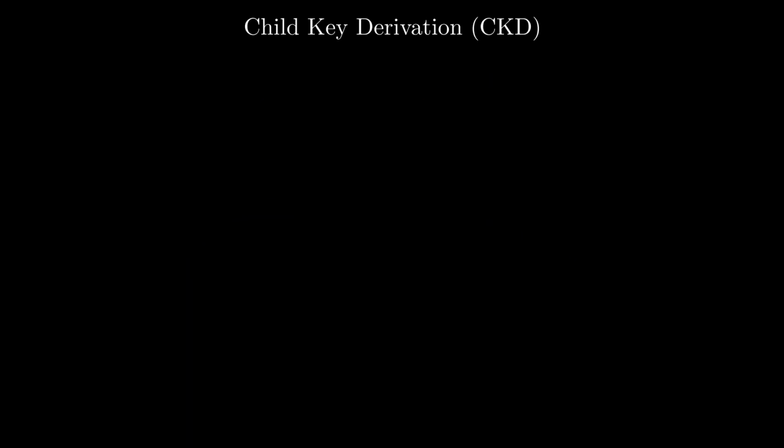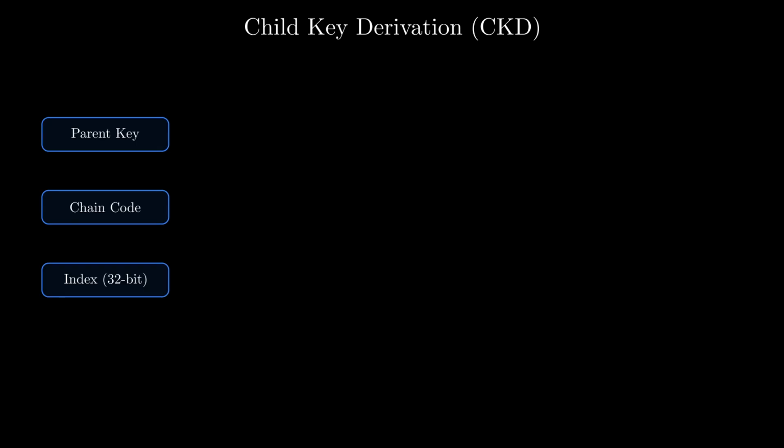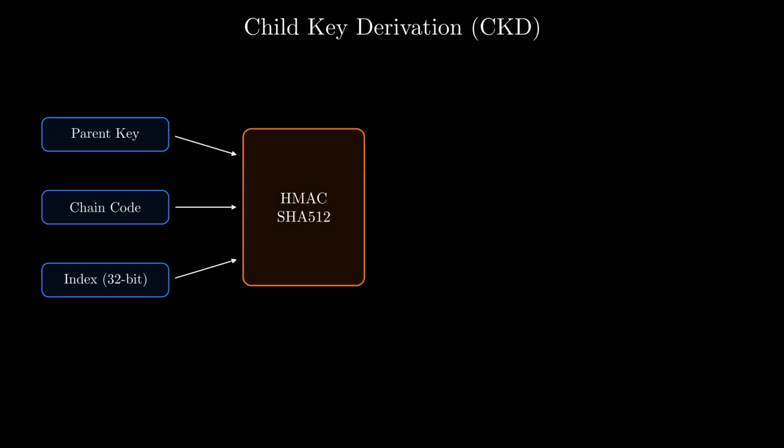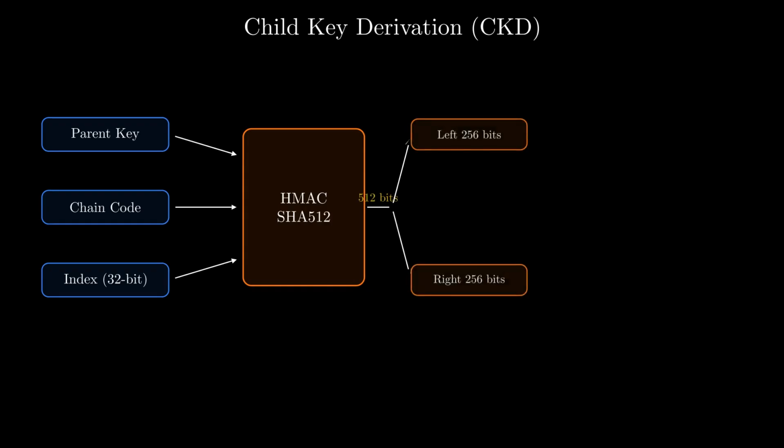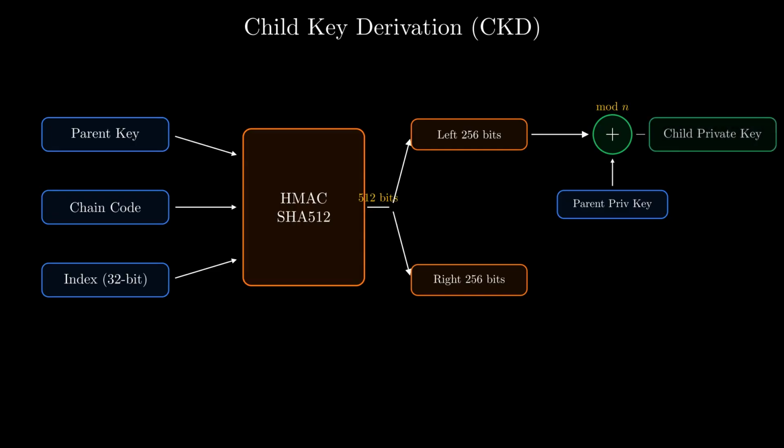Here's how child key derivation, or CKD, works. 3 inputs go in: the parent key, the parent chain code, and the 32-bit index choosing which child. They're concatenated and fed into HMAC SHA-512. The 512-bit output splits again. The left 256 bits get added to the parent private key, modulo the curve order n, producing the child private key.